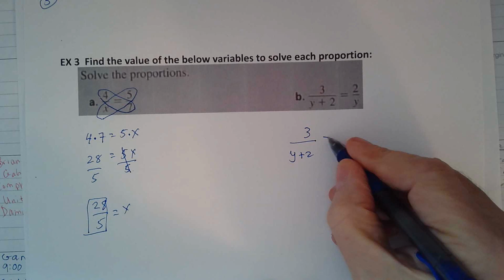So 4 plus 2 is 6, so I have 3 over 6 equals 2 over 4. Well, 3 over 6 can simplify to 1/2, right? And 2 over 4 simplifies to 1/2. So it checks. Okay?